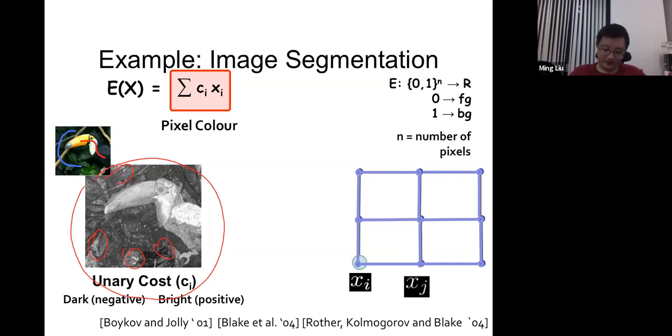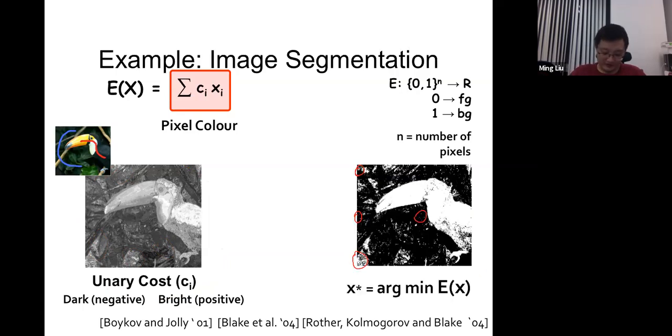Okay, and this is normal, right? This is normal. So we need to do what? We want to look at not only what happens at each pixel, like this xi. We not only look at the energy function defined at each pixel, but we also look at the correlation, right?